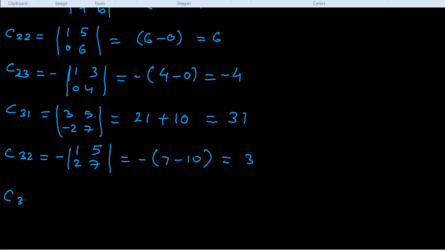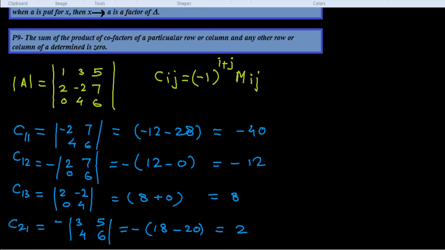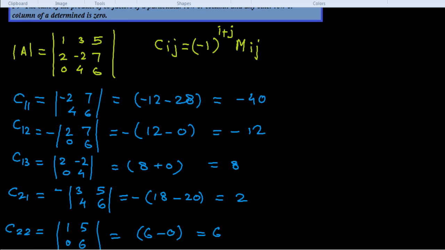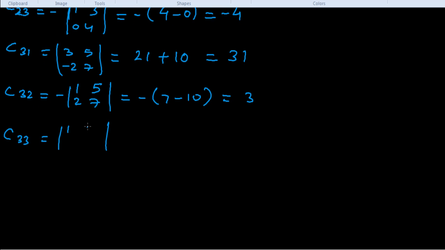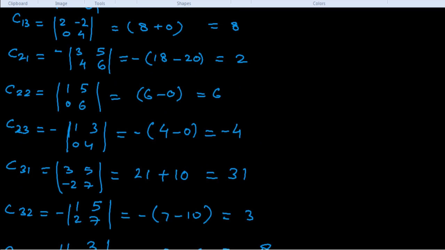C33, which is even, we have to get it positive. 1, 3, 2, minus 2. We get here minus 2 minus 6, which is minus 8. So we got all these cofactors here.